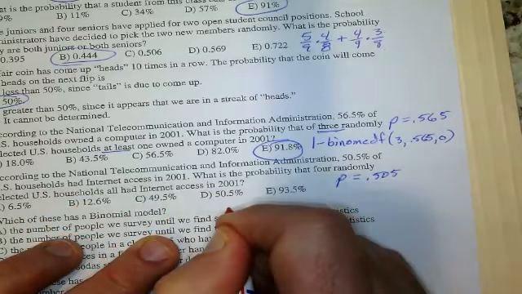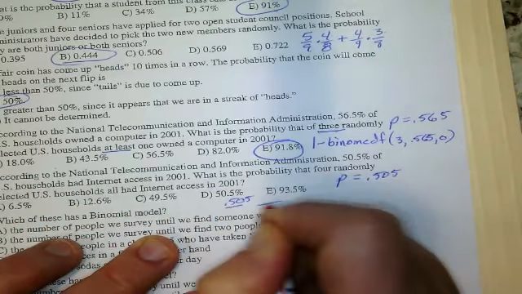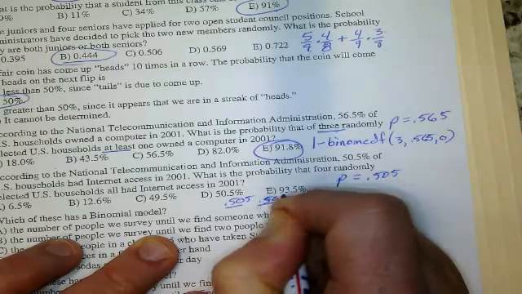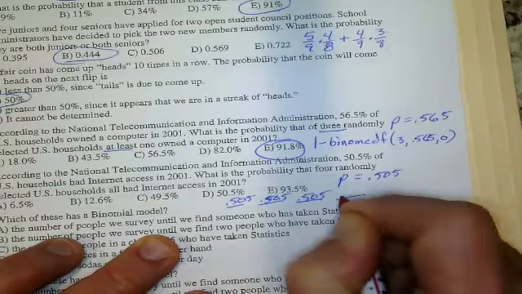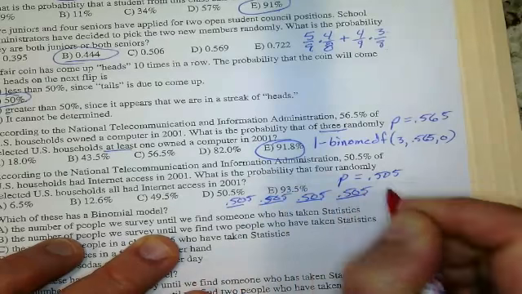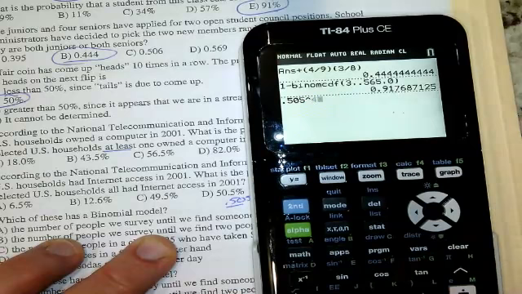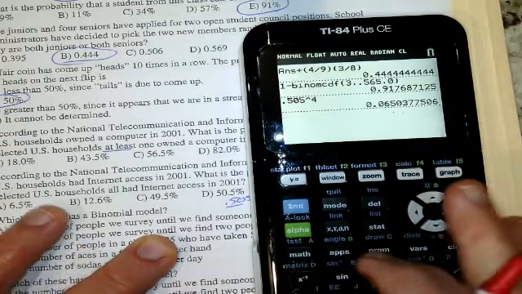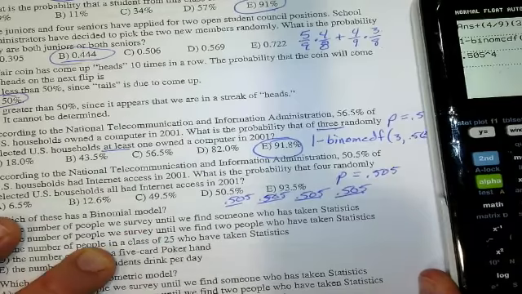So that's 4 things happening: 0.505 times 0.505 times 0.505 times 0.505. In other words, 0.505 to the fourth. 0.505 raised to the fourth equals about 6.5%. Okay, that answer is A.